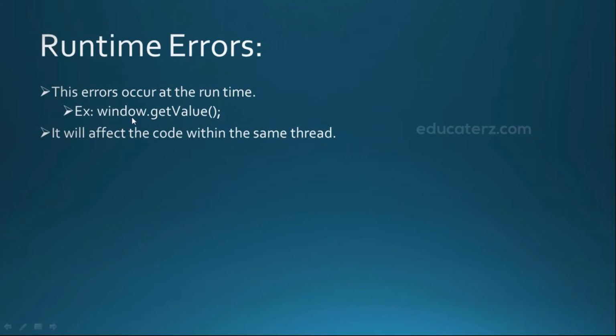As per the syntax it is correct, but since the method doesn't exist, it will throw an error at runtime. Similar to syntax errors, it will affect the code within the same thread, whereas the code belonging to other threads will continue execution.